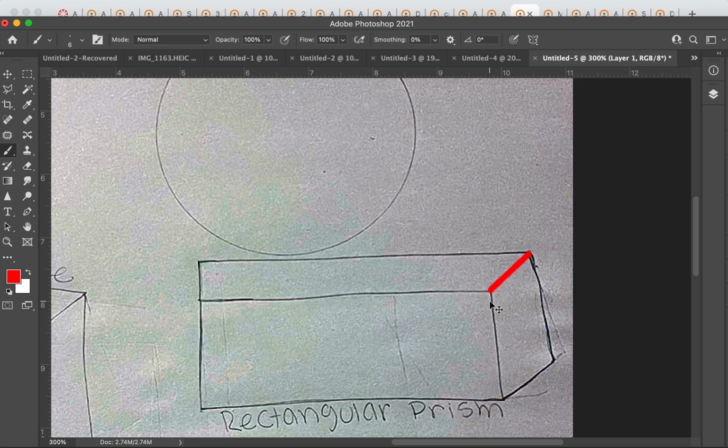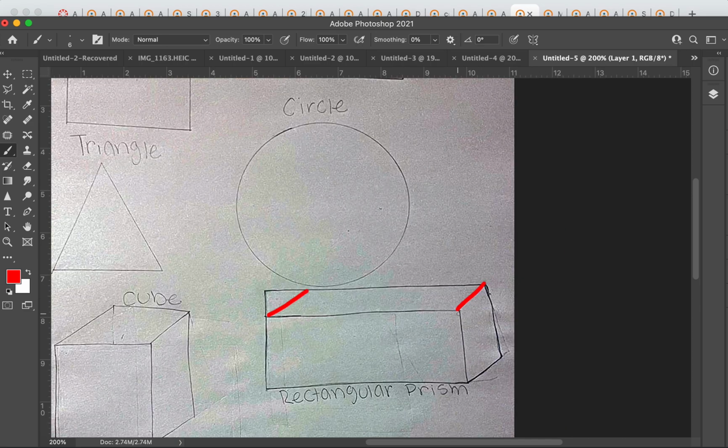And I'm not able to construct it with a mouse. What a pain. Anyway, this line needs to be the same angle as this line. Okay, and then these should be the same, not only length, but angle. And you can see how far away this one is and how close this one is.